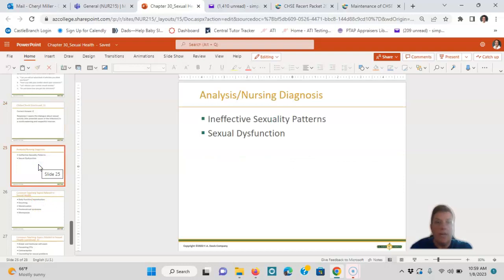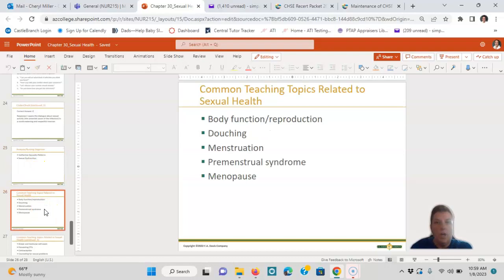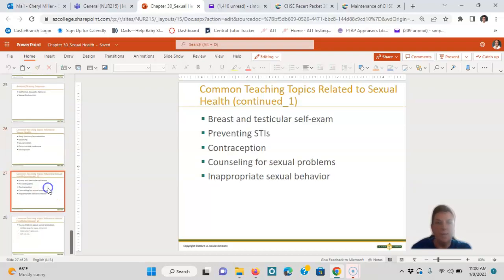So some nursing diagnoses that come under this chapter are ineffective sexuality patterns and sexual dysfunction. Some common teaching topics related to sexual health include body functions, reproduction, douching, menstruation, premenstrual syndrome, and menopause. We teach a lot about breast and testicular self-exam. You definitely need to know about breast and testicular self-exam.